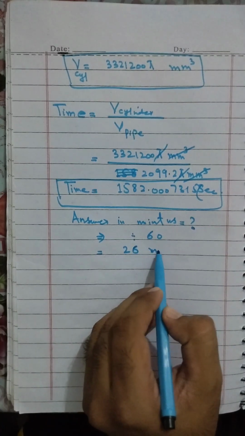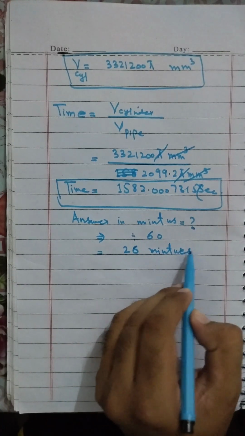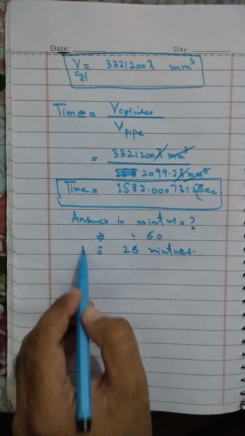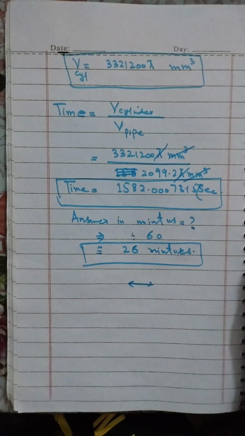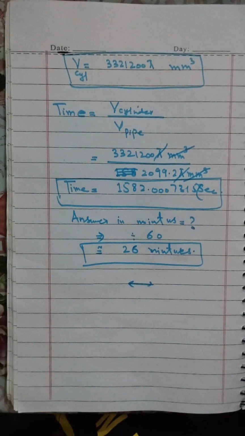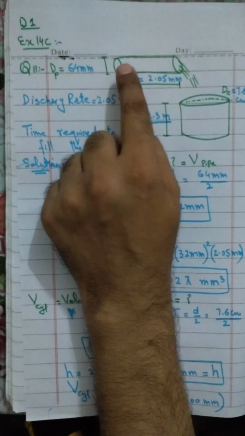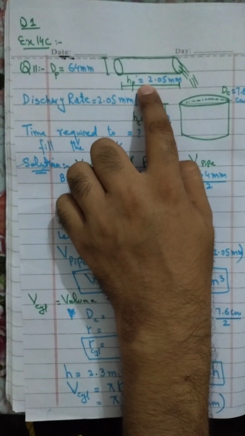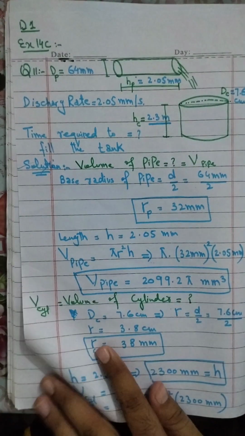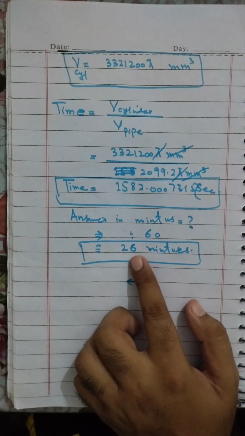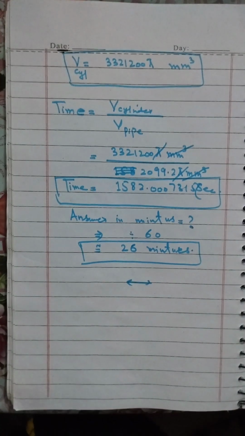So 26 minutes is the nearest approximation. So this is the time which is required to fill the tank, while the diameter of the pipe is this, length is this, then this cylindrical tanker will be filled in 26 minutes. Got it? I hope so.